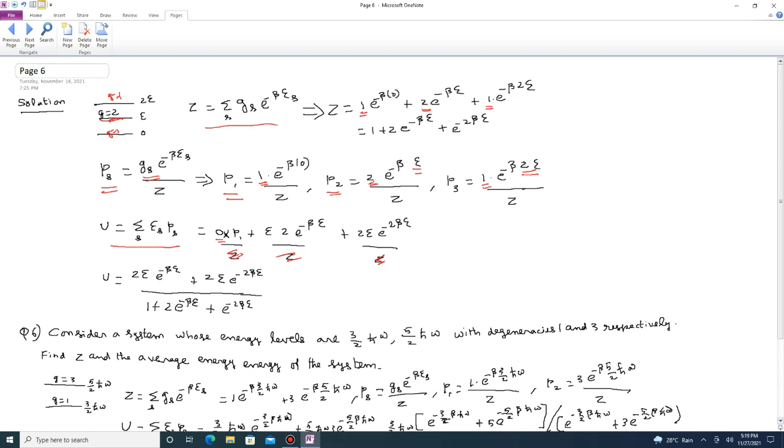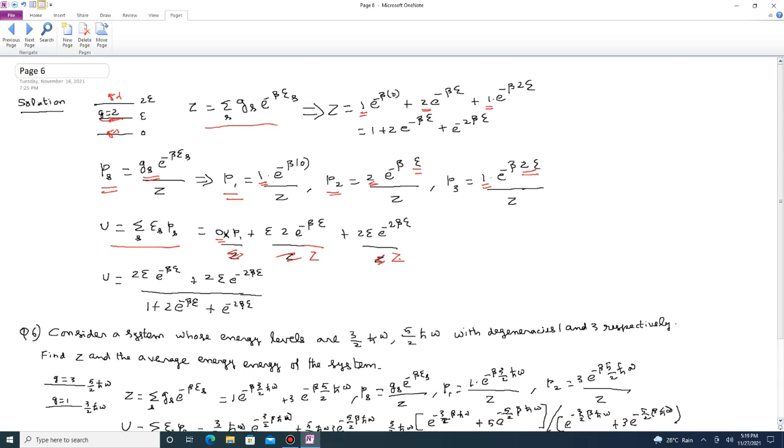P2 is equal to 2 e^(-beta E) whole divided by Z. For the first term, since E1 is 0, the term Z will not appear, because the expression for P1 is equal to 1 into e^(-beta 0) divided by Z. Okay, now we substitute for E1, P1.